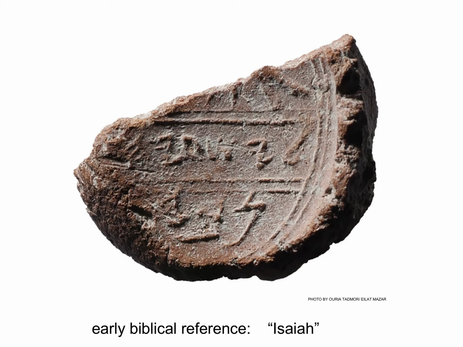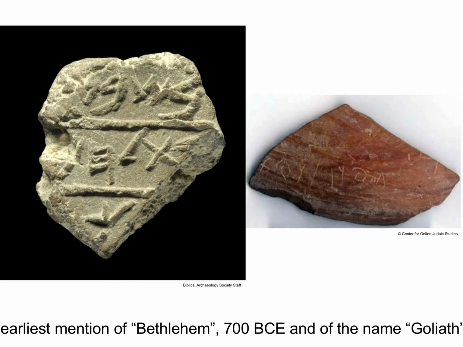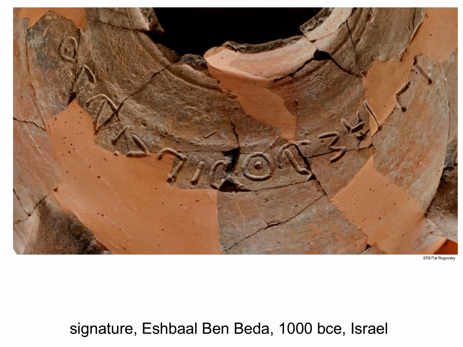The earliest biblical reference, the name Isaiah, is also on a ceramic shard. The earliest mention of Bethlehem from 700 BCE and of the name Goliath are also found on fragments of pottery. An early signature from Israel again: Esbaal ben Beda signed his name on this pot.